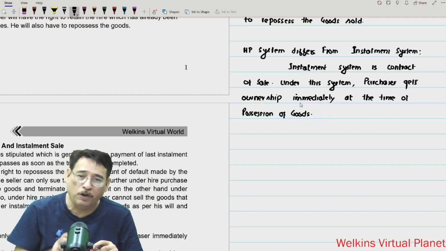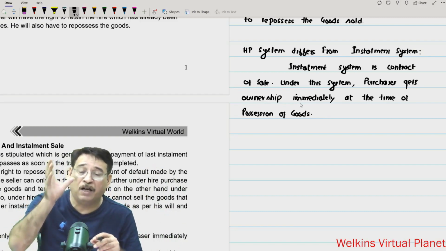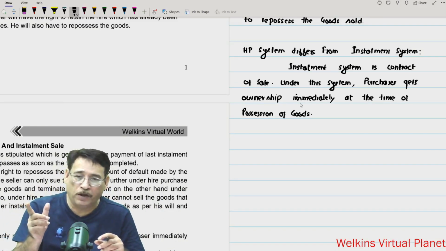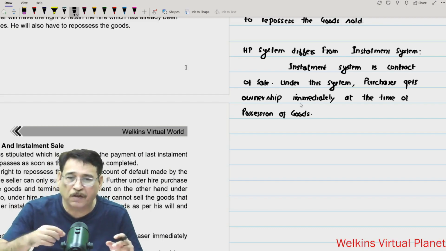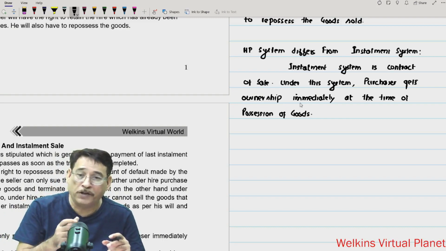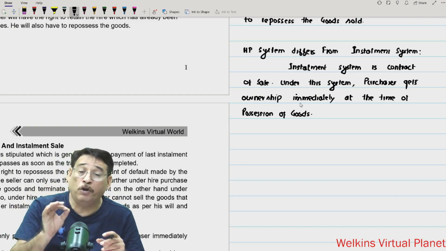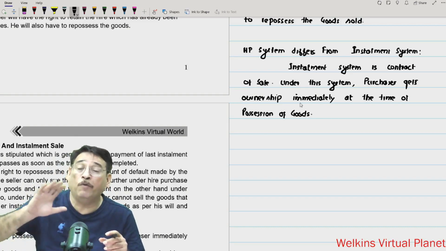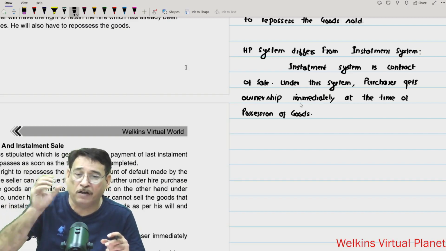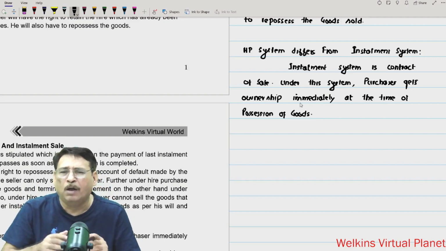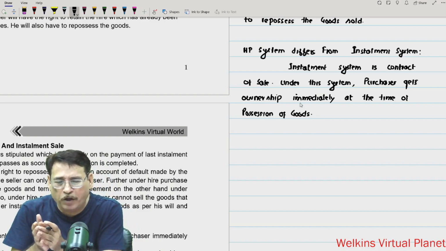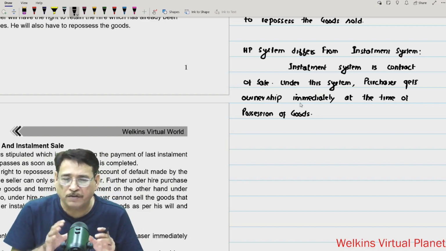But the point you need to note is that under the hire purchase system, if I pay the initial deposit, I will get the possession of the goods, but I will not acquire the ownership of the goods till I make the payment of the final installment. That means till I make the final payment, I cannot be called the real owner of the goods. Is it clear to you or not?